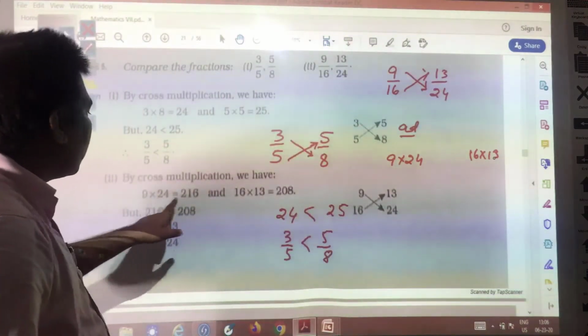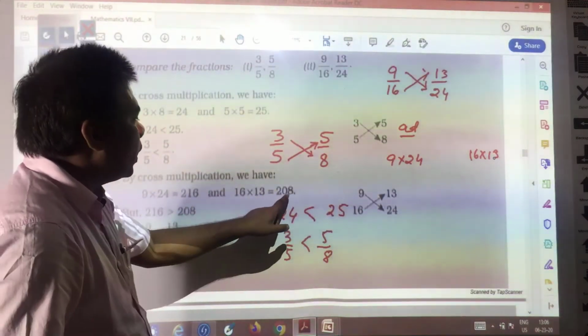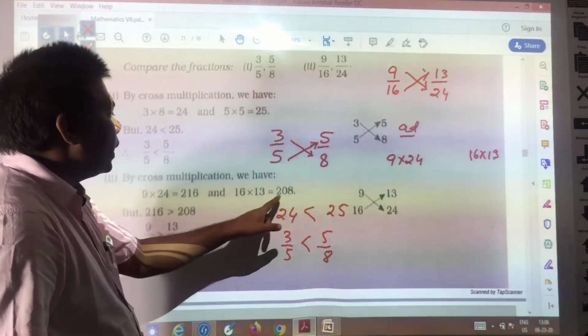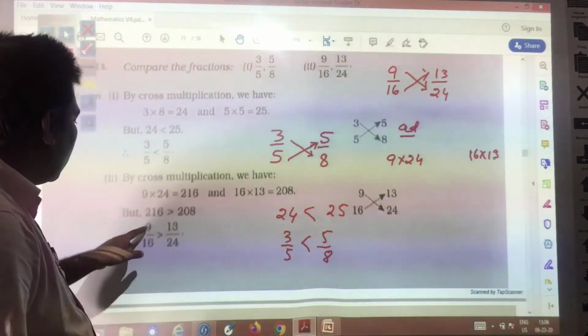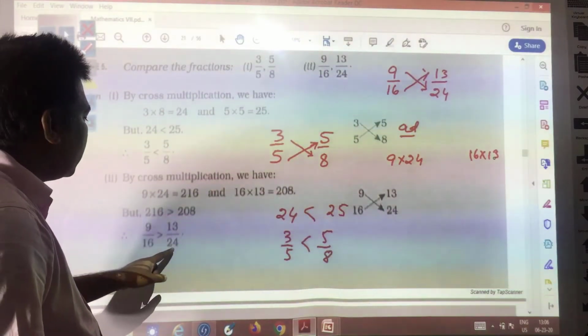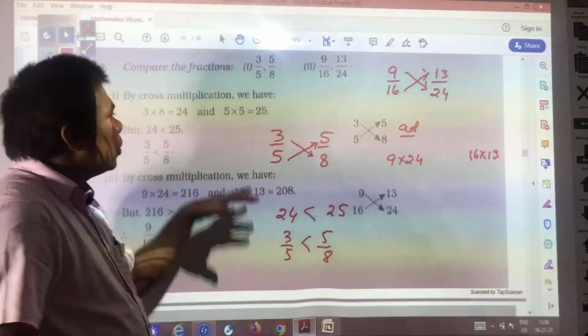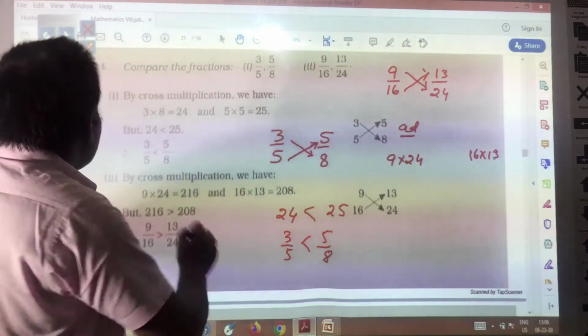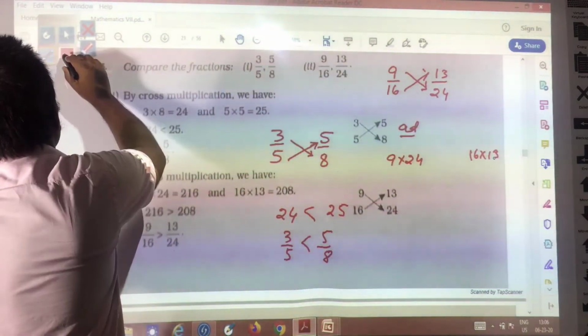So, what products are you getting? 216 and 208. Obviously, you can see 216 is greater than 208. So, 9 by 16 will be greater than 13 by 24. So, by this way we can compare rational numbers or fractions.